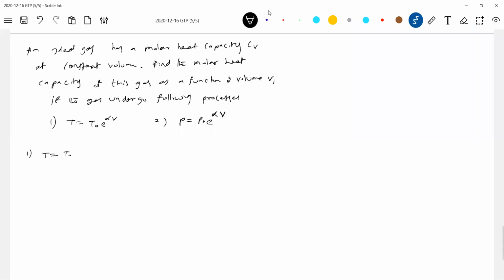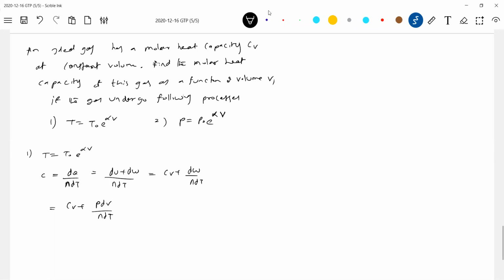For T equal to T naught e to the power of alpha V. In any process, C is equal to dq by n dt. And further dq, what you can write, du plus dw, by n dt. Or this will become Cv plus dw by n dt. Or Cv plus dw is what? P dV by n dt.